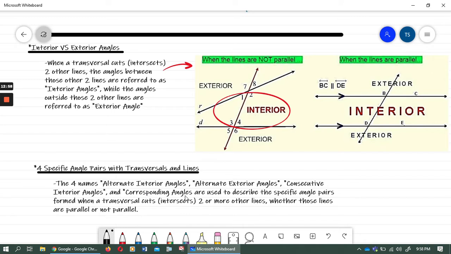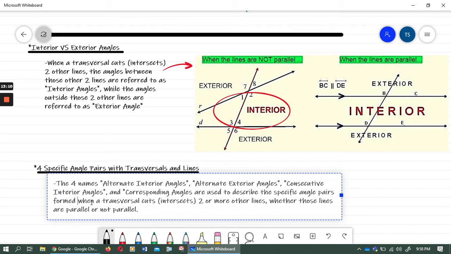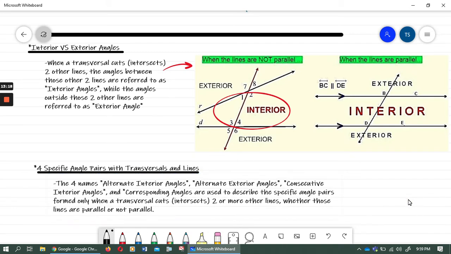These names are used to describe the specific angle pairs formed only when a transversal cuts or intersects two or more other lines.